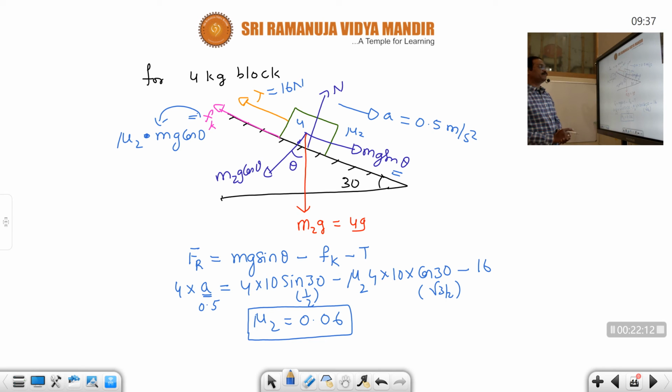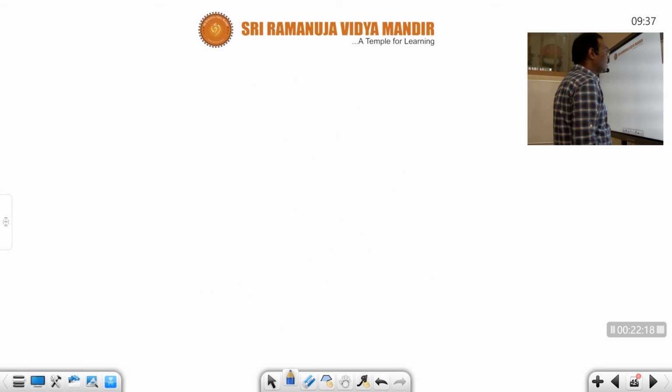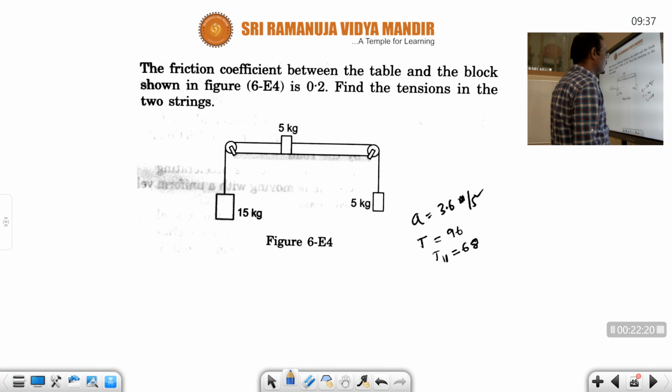Hope you understand. This is question number 12 in the H.C. Verma textbook. And next question, if you consider: the friction coefficient between the table and the block shown in this figure is 0.2.